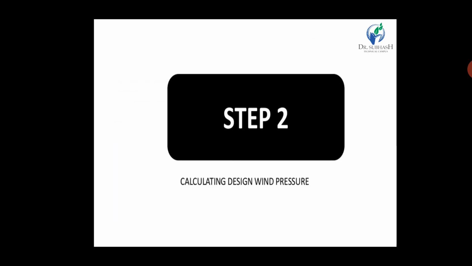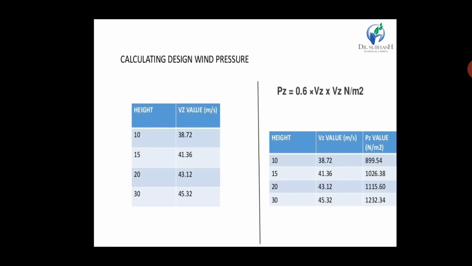After calculating Vz, our next step is calculating the design wind pressure. So the design wind pressure Pz is equal to 0.6 times Vz squared. So Vz we already calculated, and we multiply it by 0.6. That equation of Pz is given in clause number 5.4 of IS 875 part 3.